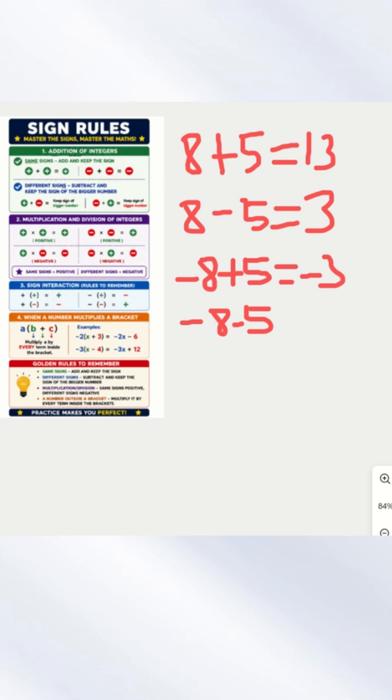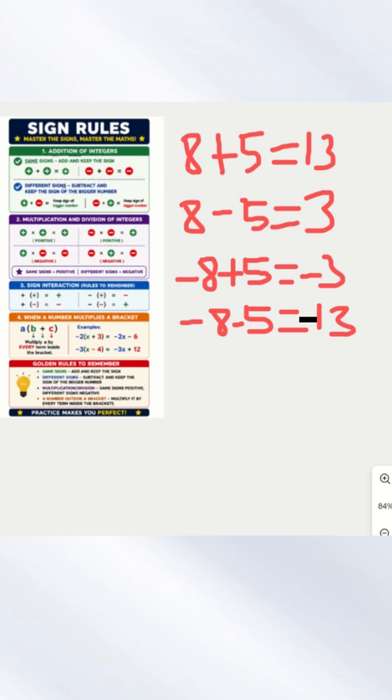Because the sign is the same, you do exactly what you did with 8 plus 5. -8 minus 5 is the same as 8 plus 5, but the answer will have a negative sign. So the answer will become -13. So from this addition, we have discovered that once the sign is the same, what you just do is add together.